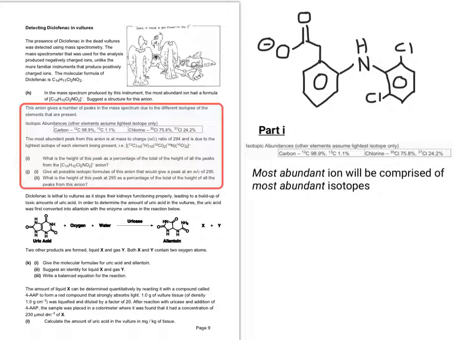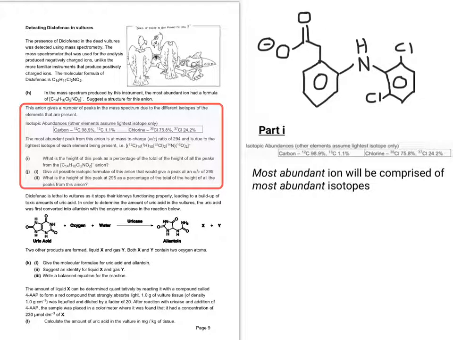So in part I they asked you to consider the most abundant peak from this anion. It's got an m/z ratio of 294 and it's due to the lightest isotope of each element being present. So C14, H10, 35Cl2, 14N and O2.